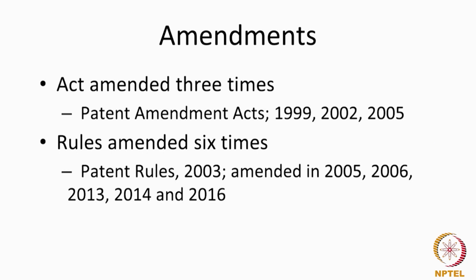Now, this tells us the structure in which the patent laws are designed and enforced. The Acts are passed by the parliament. So, they are central legislations passed by the union government, whereas the rules are made by the central government.